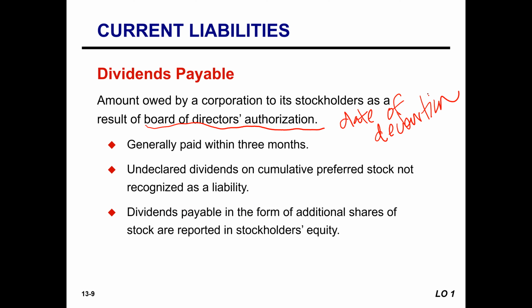When the board of directors declares the dividend, that's when we have to record it as a liability, right? So it is a current liability. It's generally paid within 3 months. Undeclared dividends on cumulative preferred stock are not recognized as a liability. Dividends payable in the form of additional shares of stock are reported in stockholders' equity.